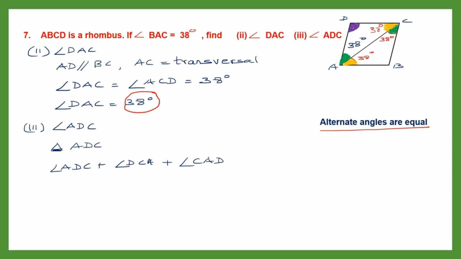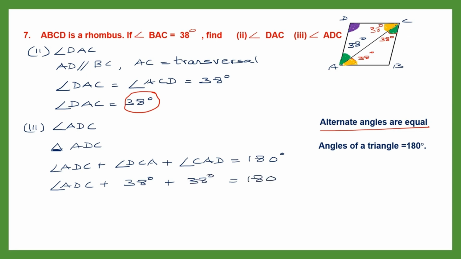These three angles will be equal to 180 degrees. How is that? Angles of a triangle add up to 180 degrees. So here we need to find angle ADC. We don't know, isn't it? Plus angle DCA is 38 degrees, CAD is 38 degrees. Together they will all add up to 180 degrees.